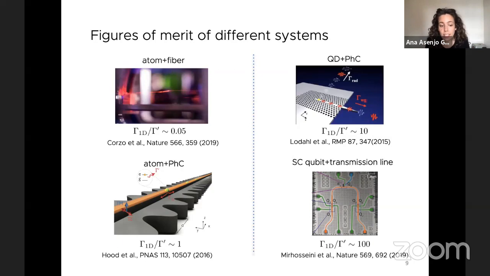This translates into a larger efficiency in the interaction between atoms and guided photons. People have grown quantum dots in photonic crystals, and this has yielded larger efficiencies. And as far as I know, the highest efficiency in light-matter coupling right now is that found in superconducting qubits in transmission lines, which is of the order of 100. So it's extremely large.